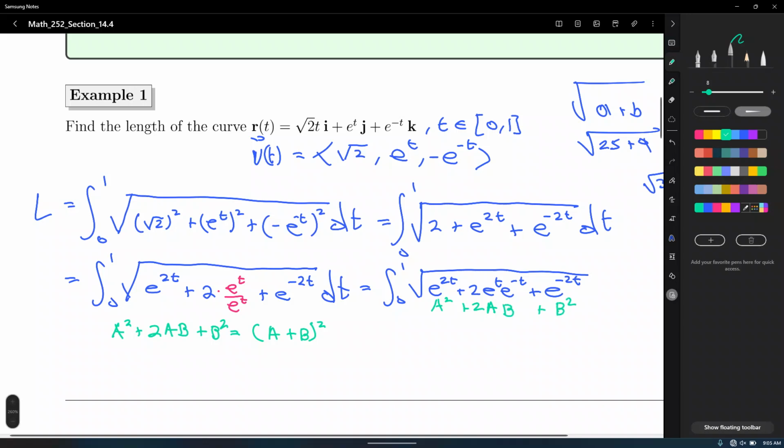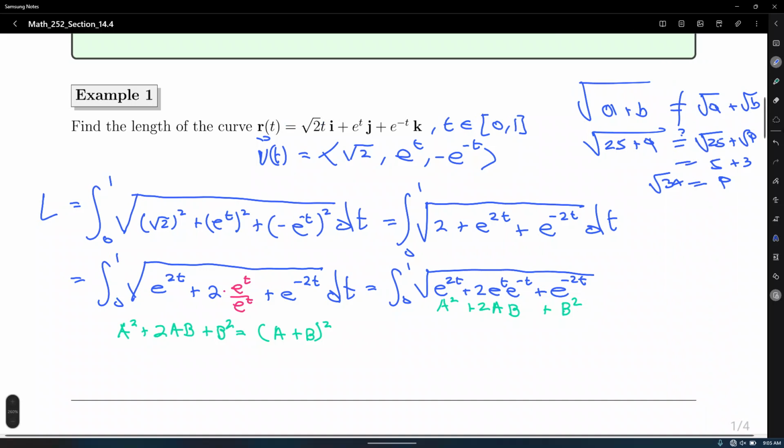Isn't that a perfect square trinomial? Okay, so that means we can express this as the integral from 0 to 1 of the square root of e to the t plus e to the negative t, quantity squared, dt.